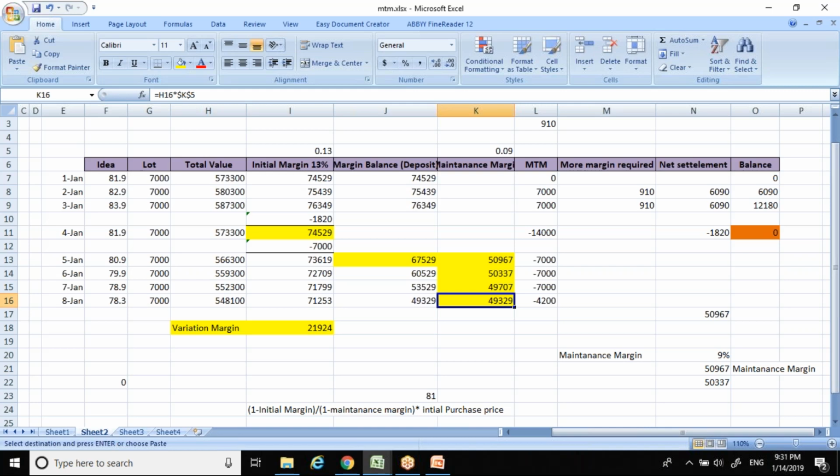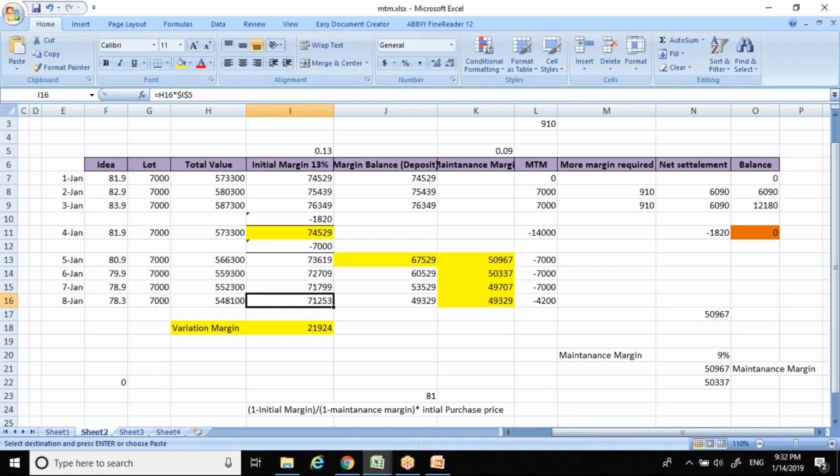So you have to deposit more money to bring it back to the initial margin level. The initial margin level, they will not ask you to bring it till 74,000. They will ask you to bring it till around the current initial margin requirement level.